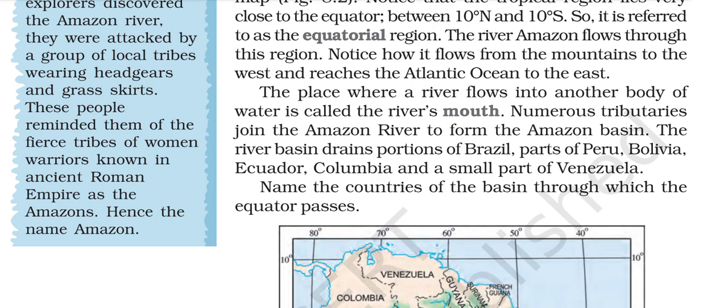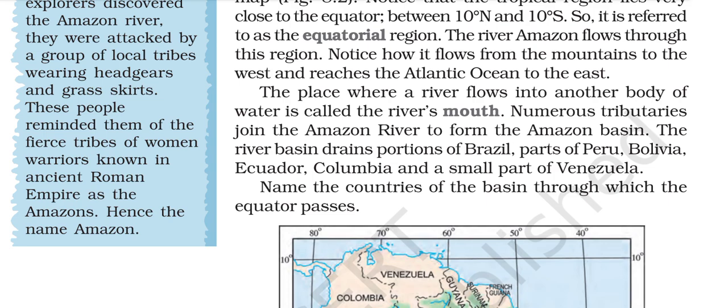Numerous tributaries join the Amazon river to form the Amazon basin. First of all, you should know the meaning of tributaries. Tributaries means the small rivers that join the bigger one.